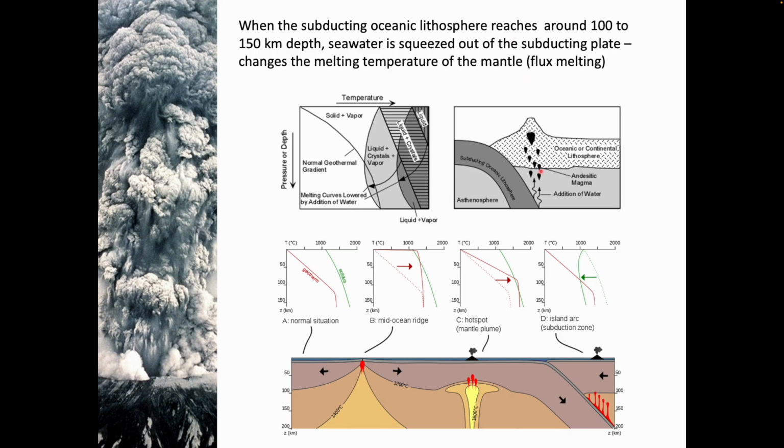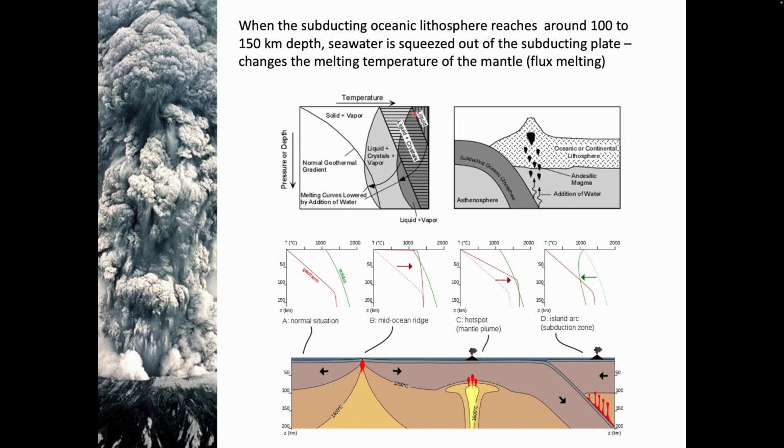The water acts as a chemical agent to lower the melting point of the mantle and lower continental lithospheric rocks, which we can see over here on the left. We have our normal geothermal gradient here in this line that I'm following with the laser pointer. Then we have the normal solid boundary here, where we get some minerals starting to melt, and then we have a mixture of liquid and crystals.